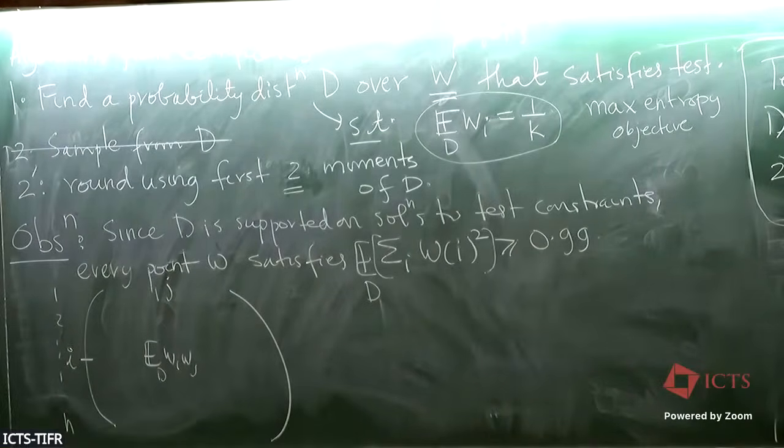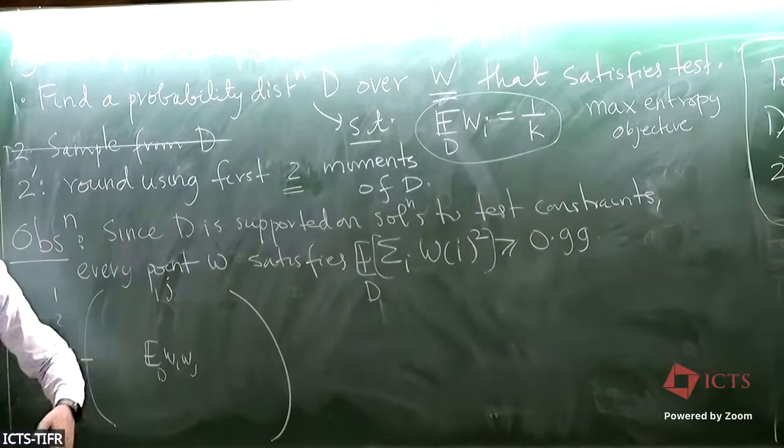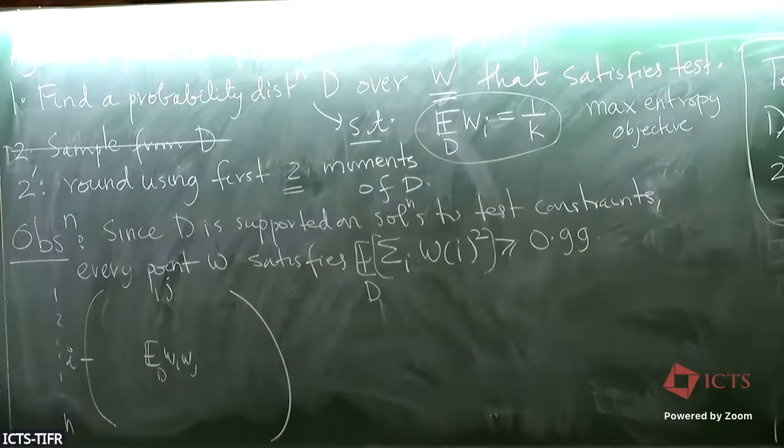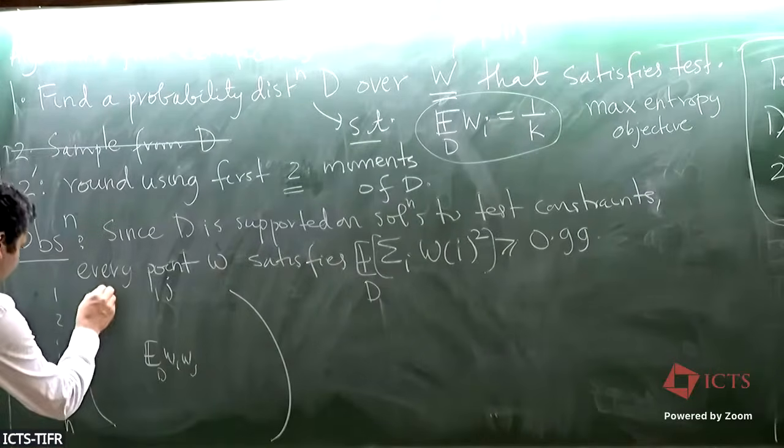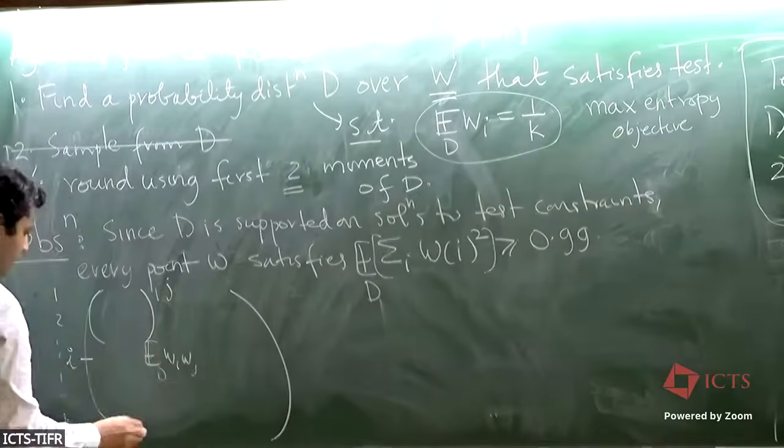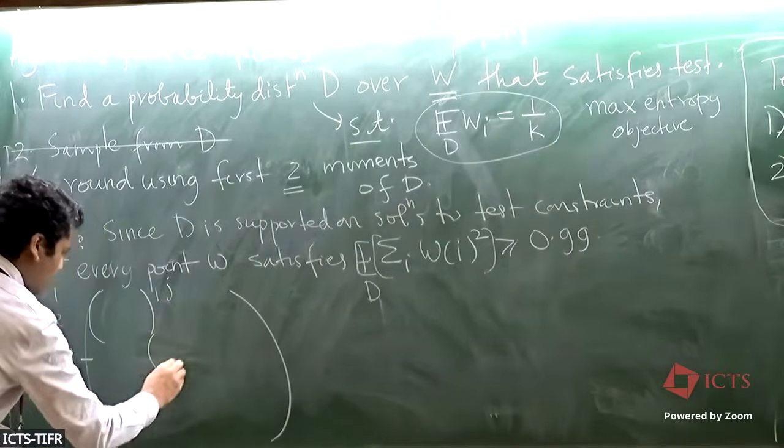Okay. Now let's arrange the points. We don't know this rearrangement, but for the sake of analysis, assume that the first n over k points were the first true cluster, and the next n over k points were the next true cluster, and so on. Okay, so the clusters basically are diagonal blocks right here. Okay, so let me erase this again now.